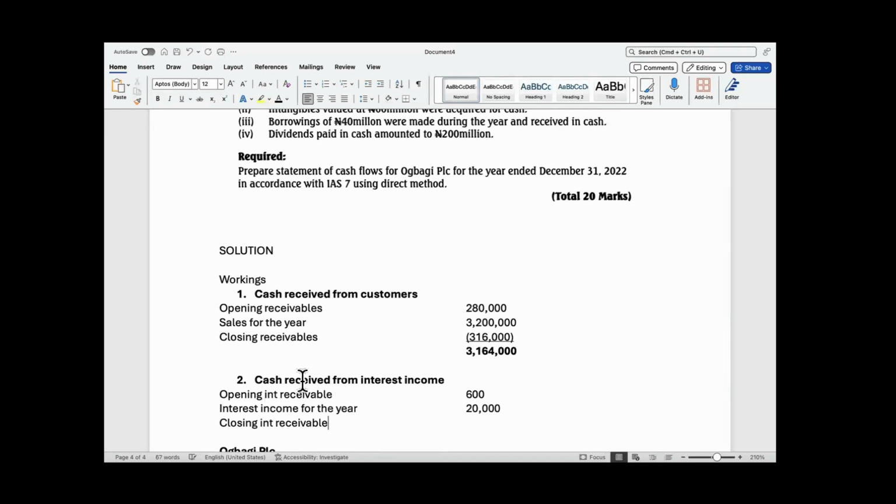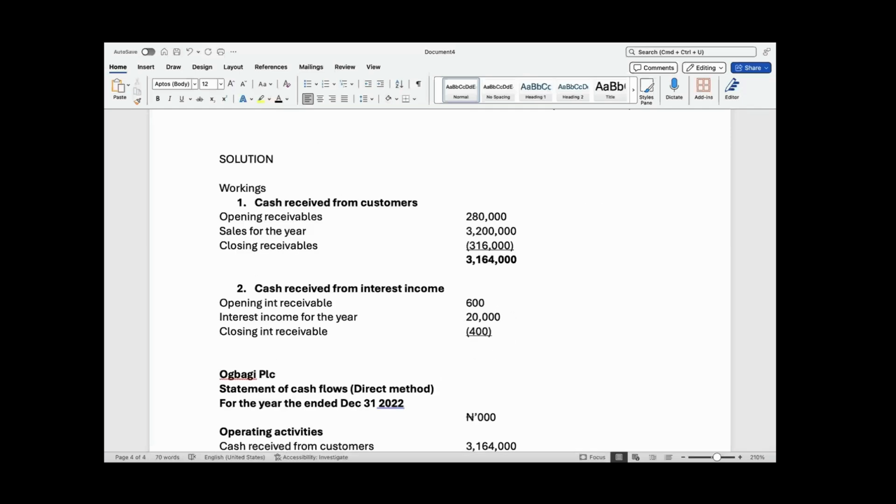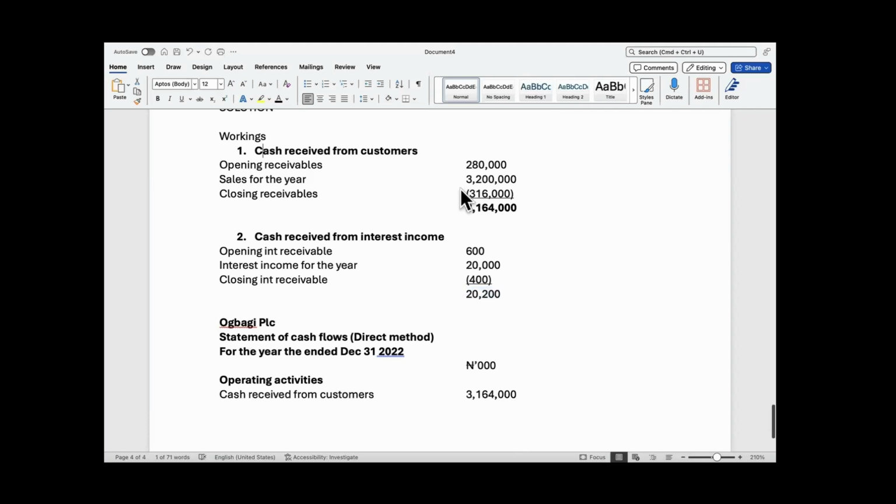Then the cash received for the year, how much do we have? 20,200. It will take you a few seconds to do this. Like I said, it's the same process. This gives you your cash received from interest income. It's the same thing as this one. So, cash received from interest income: 20,200.